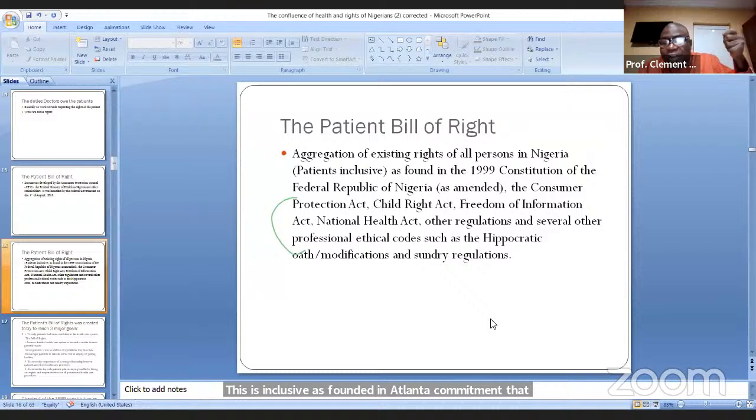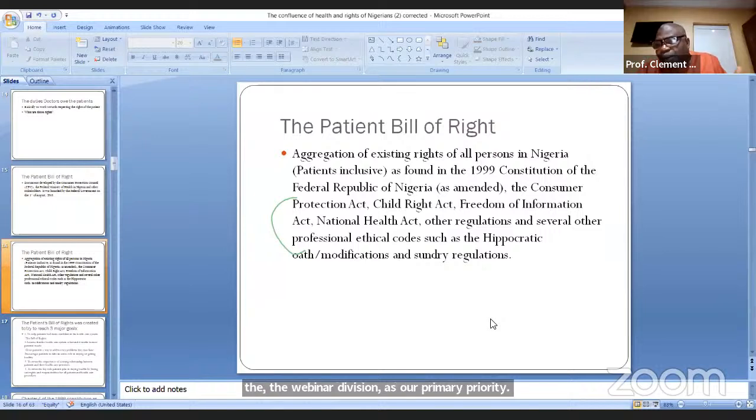They also drew part of this document from the Consumer Protection Act, like I mentioned, the Child Rights Act, the Freedom of Information Act, the National Health Act of 2014, and several other regulations and professional ethical codes, such as the Hippocratic Oath. Hippocrates is considered the father of medicine, who gave us the Hippocratic Oath, the way we ought to practice medicine, taking the well-being of the patient as our primary priority.